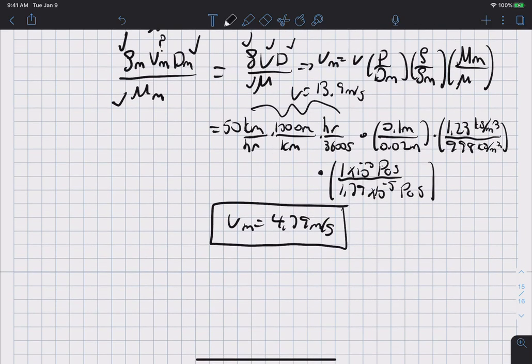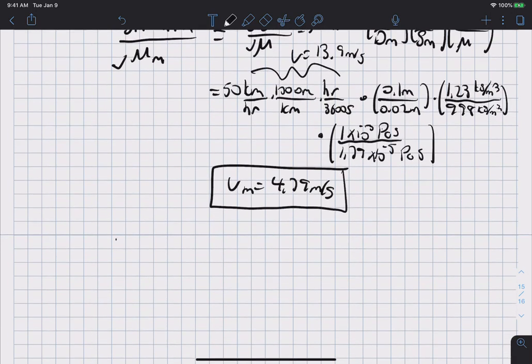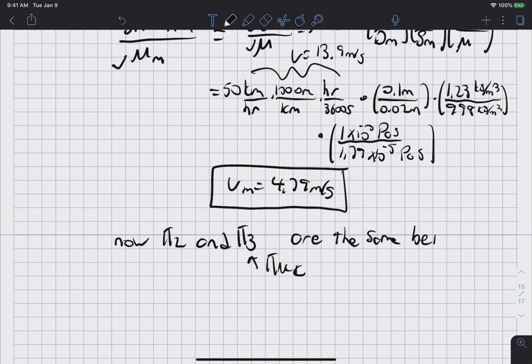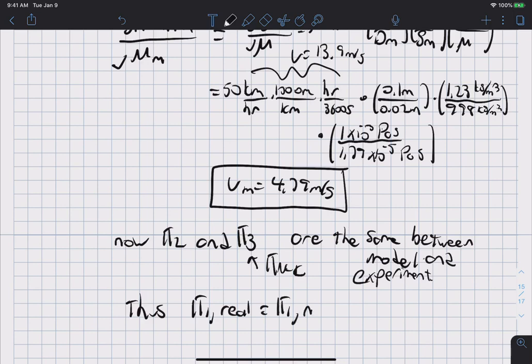So now we know pi 2 and pi 3, which is pi n minus k for here, are the same between the model and experiment. Okay, thus pi 1 of the real object equals pi 1 for the model.